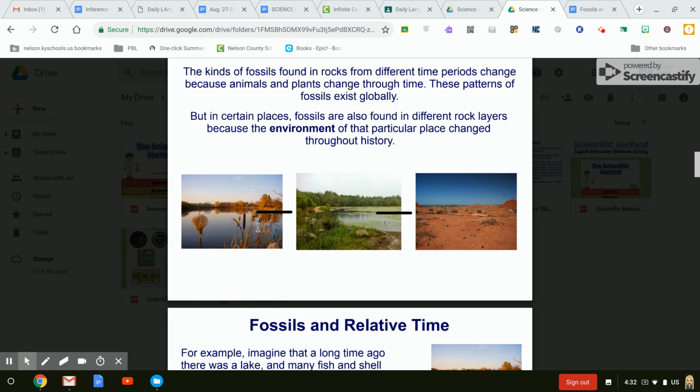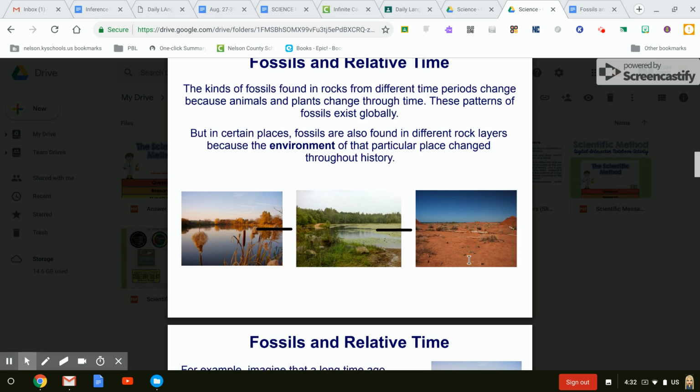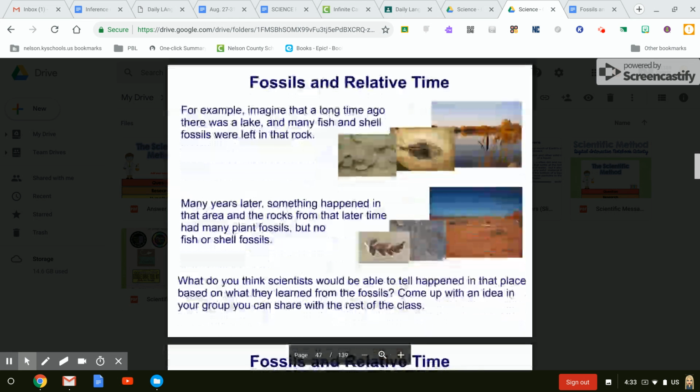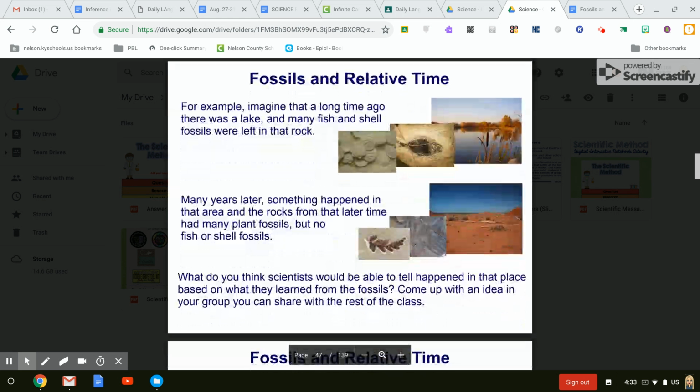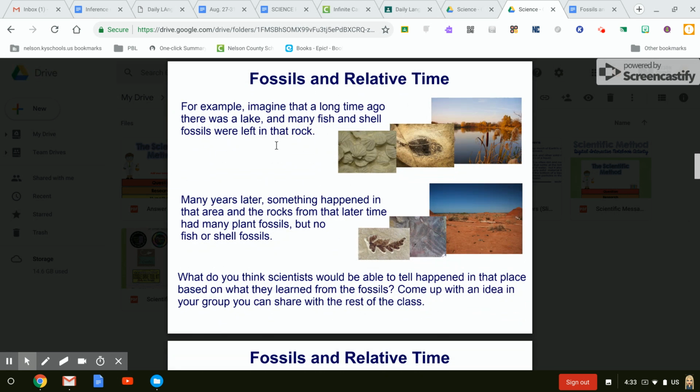But as time passes and the water begins to decrease, they're not going to be able to live in an area such as this. And this is where you're going to be able to see some fossils of those water organisms who no longer are able to survive in that environment. And it gives us an example here of fish and shell fossils.